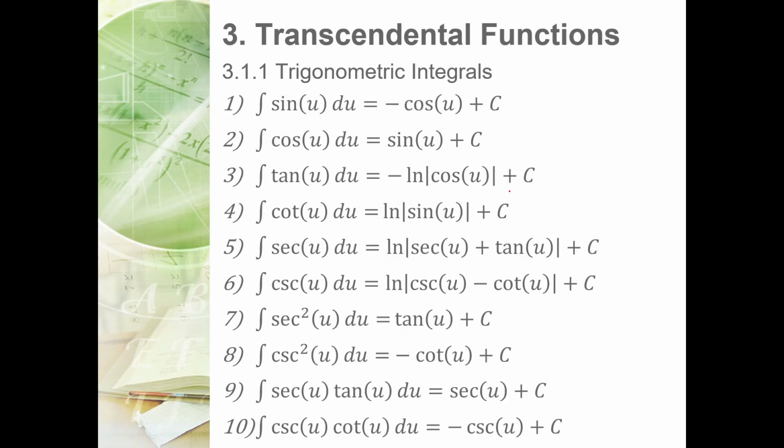So these are the formulas for your trigonometric integrals, and there are 10 presented on the screen, but usually what you will find most in the books is 1, 2, 3, 4, and then 7, 8, 9, 10.